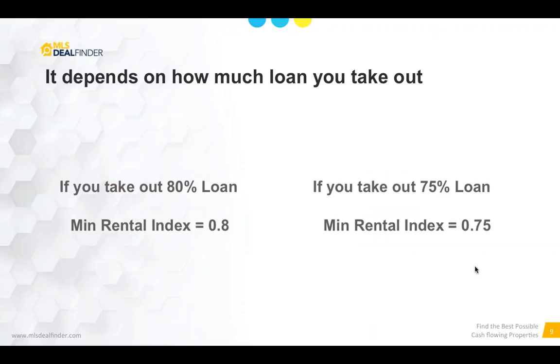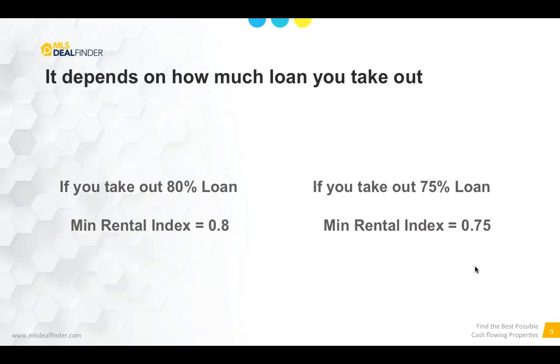It's what kind of minimal rental index you are looking for depending on how much loan you're taking out. The short part is that if you're taking out a loan that's 80% of the price of the home, then your minimal rental index is 0.8.